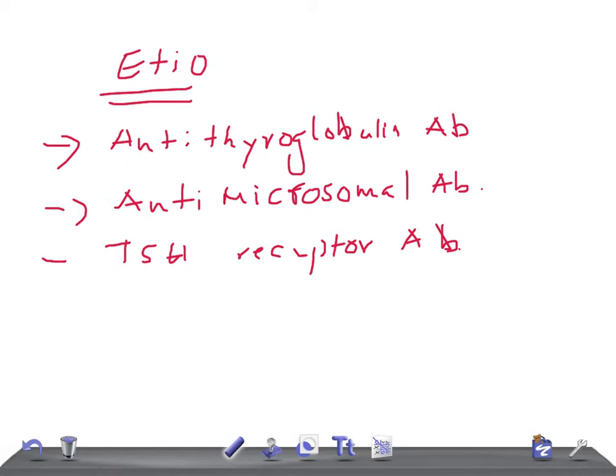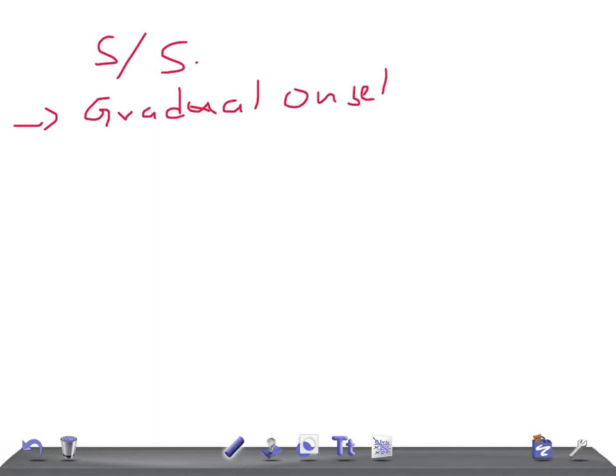So let's talk about the signs and symptoms. These patients will not have a sudden onset; it will be a gradual onset, around 6 to 12 months.